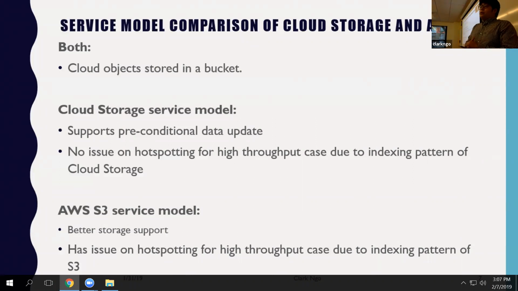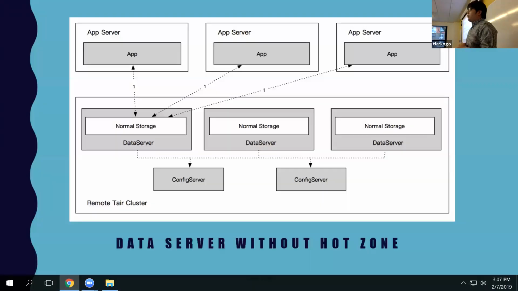For the S3 service model, it has better support. I think they're talking about tech support, and I've been hearing a lot of people say they haven't had any trouble with Amazon support. And it has issues with hotspotting for high throughput cases due to the indexing pattern of S3. Not anymore, okay? I don't know if I would explain this correctly, but I would research more on this.